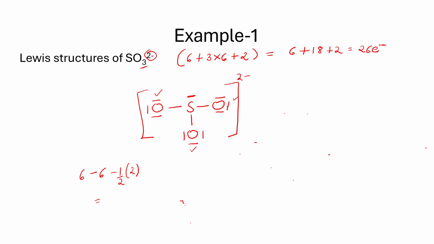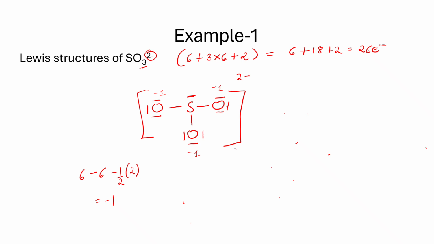Alright, so that means each of these oxygens has a formal charge of -1, right? Let's just write that. So each of these oxygens has a formal charge of -1, and you can guess what the formal charge on sulfur will be in order to account for the 2 minus charge, but let's just calculate that anyway.